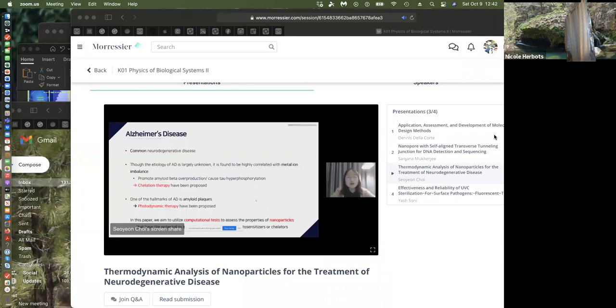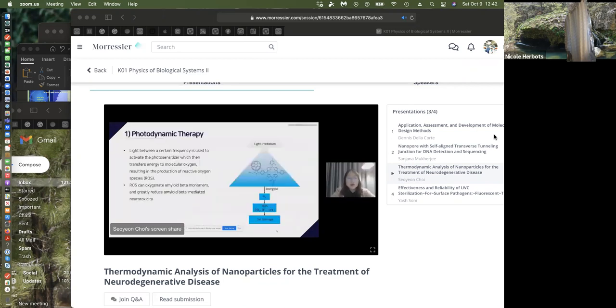Moreover, one of the characteristic hallmarks of Alzheimer's disease is amyloid plaques, and to counter this, photodynamic therapy has been proposed to inhibit amyloid beta aggregation. In this paper, we aim to utilize computational tests to assess the properties of nanoparticles that have the potential to be used in these therapies as photosensitizers or chelators.